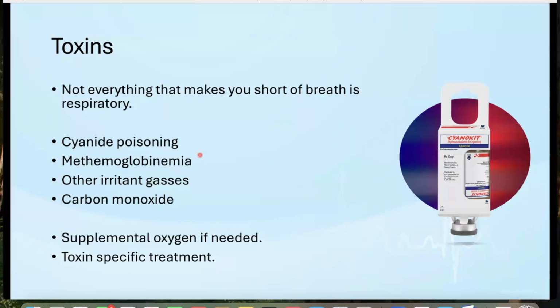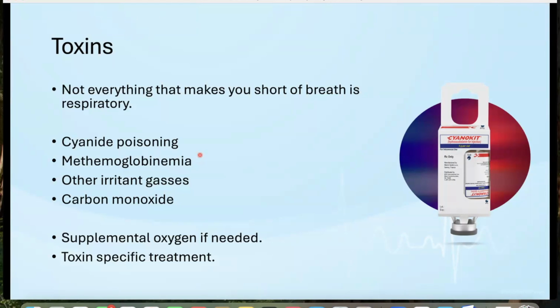But the problem is that it's either falsely elevated, or the problem isn't with the oxygen, it's with the use of the oxygen, as in the case of cyanide. So these patients may need supplemental oxygen, especially if we've got a suspected carbon monoxide poisoning.